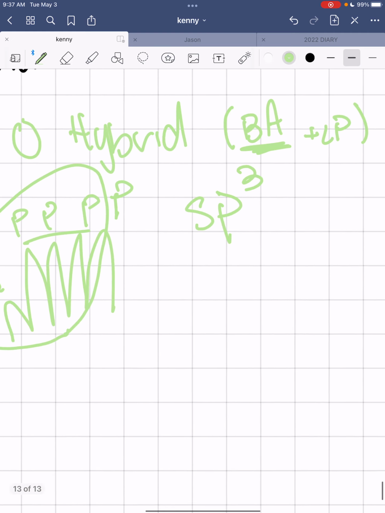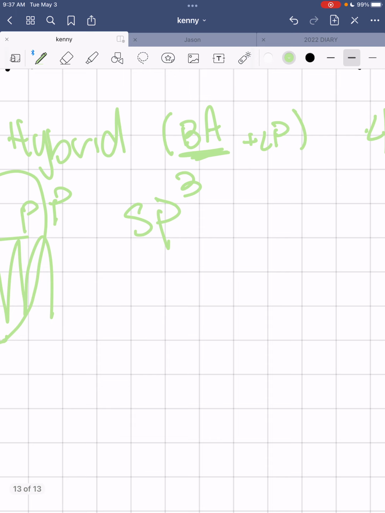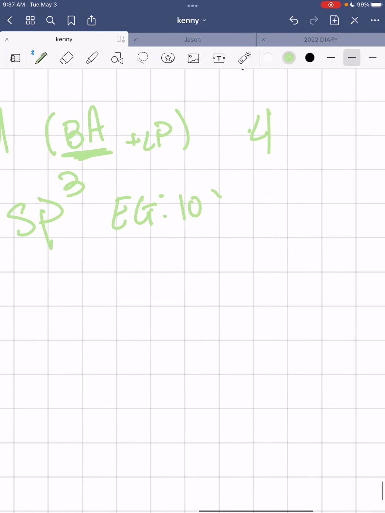If there's 4, then it has an electron geometry of 109 degrees. Remember, electron geometry is the angle, and the molecular geometry is the actual shape. Using your table, if it has 2 lone pairs and 2 bonding atoms, it's called bent.